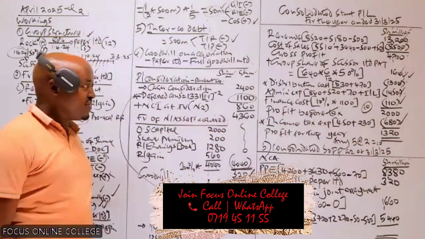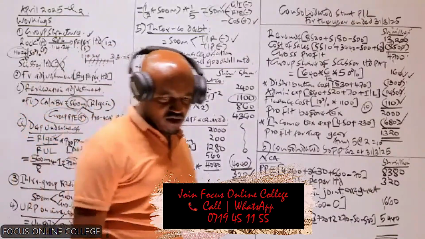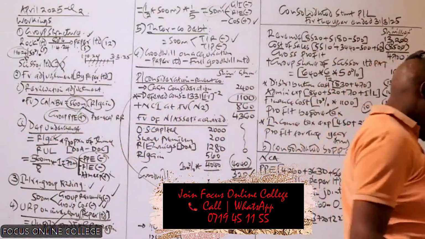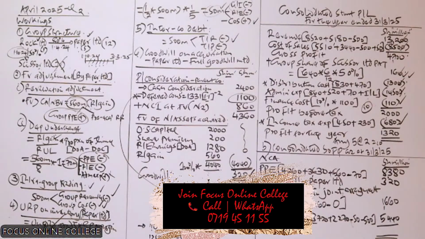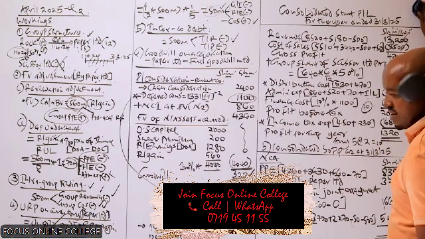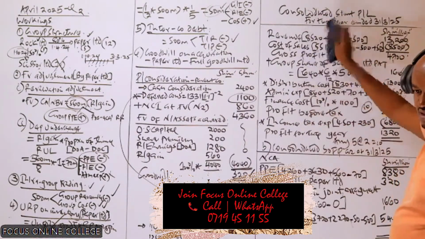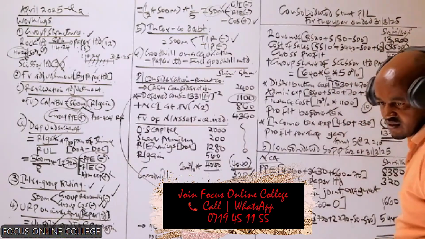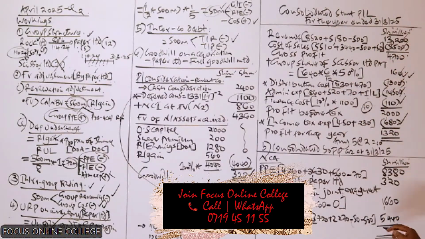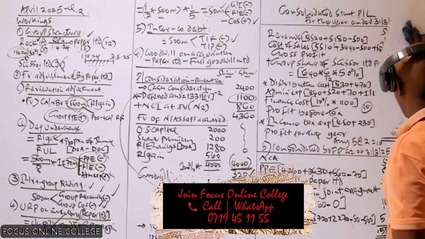So then what will be our total assets? You add all this, you give me the total assets. Because of space, I want to do away with this one. Yes, the total assets in our case will be 15,800.